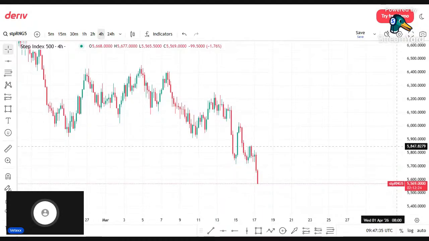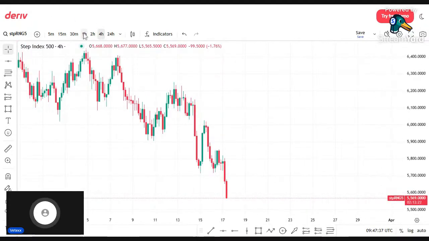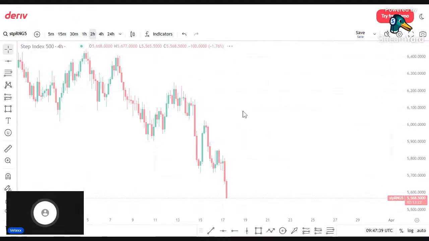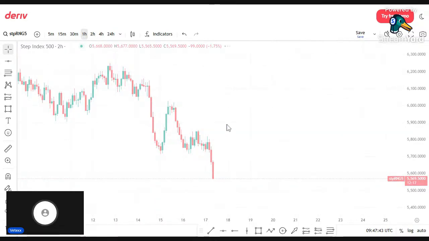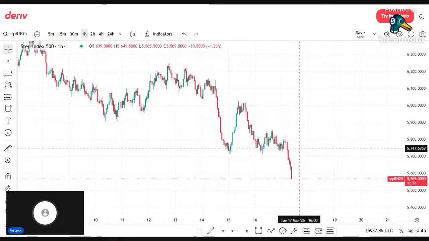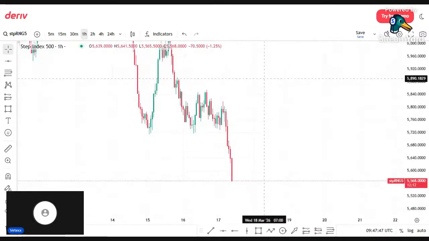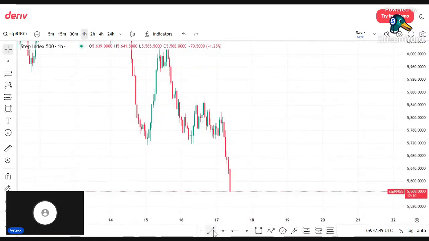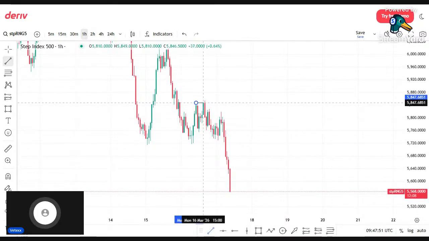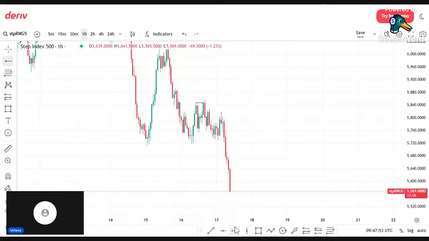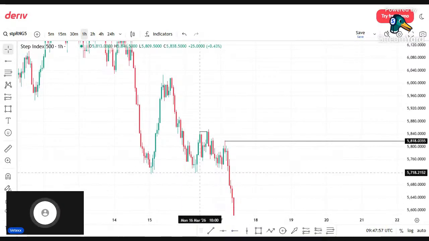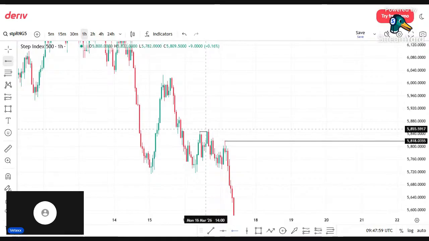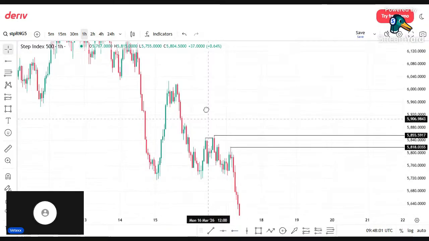On the 4-hour time frame, there is no sell. On the 2-hour time frame, is there a structure? Not yet. On the 1-hour time frame, is there a structure? Yes, there is. So this is our new sweep of liquidity here, structural liquidity, and then we have our protected high.